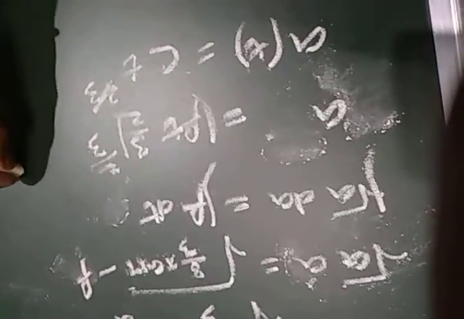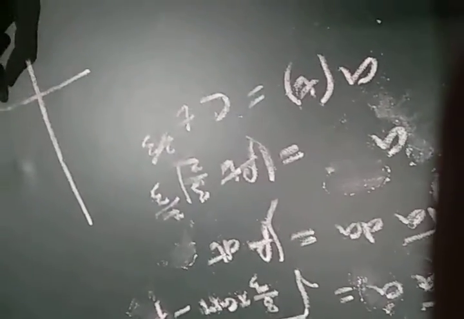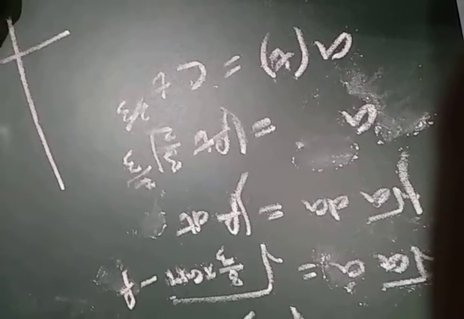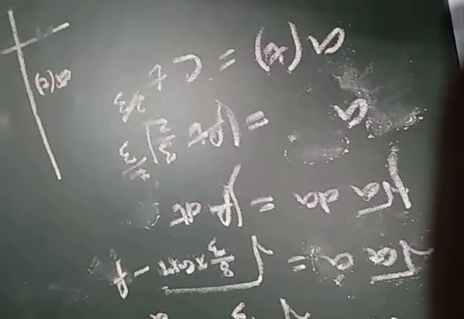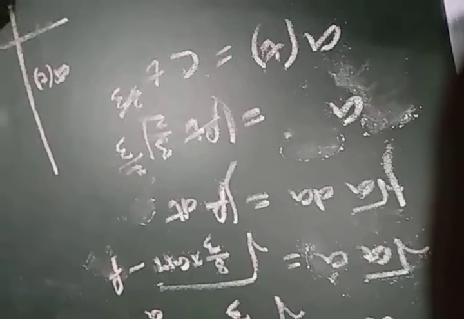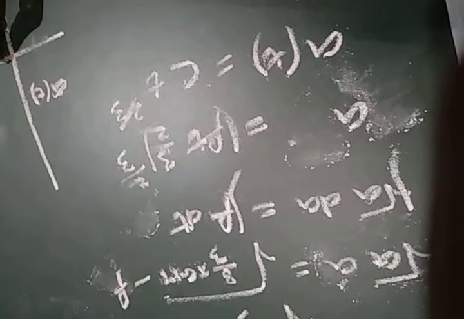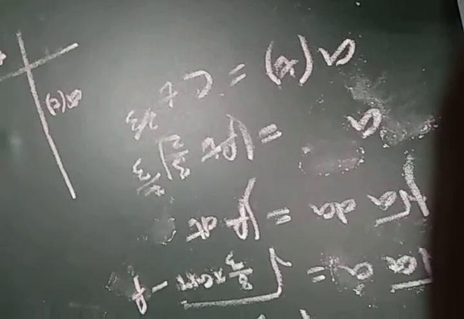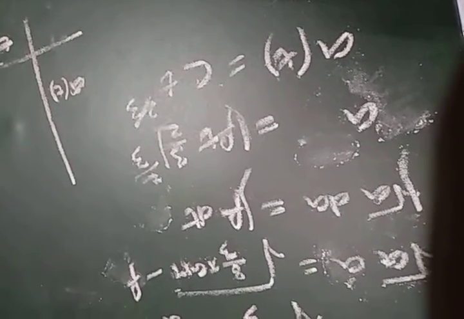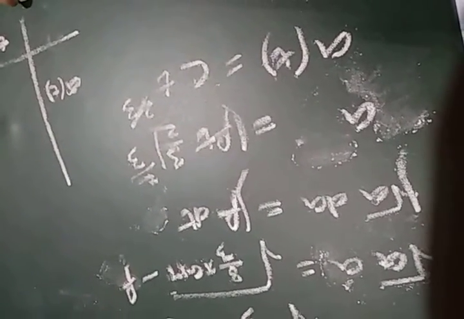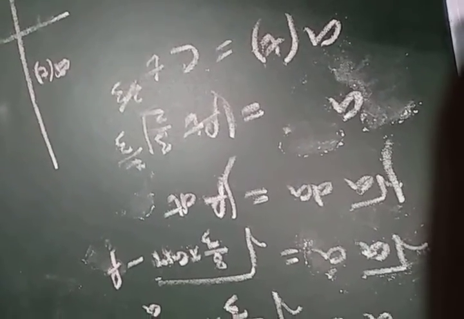A(t) means the expansion of the universe. A(t) refers to the expansion of the universe. So it equals C T to the power 2 by 3. Now we know that y equals x square.